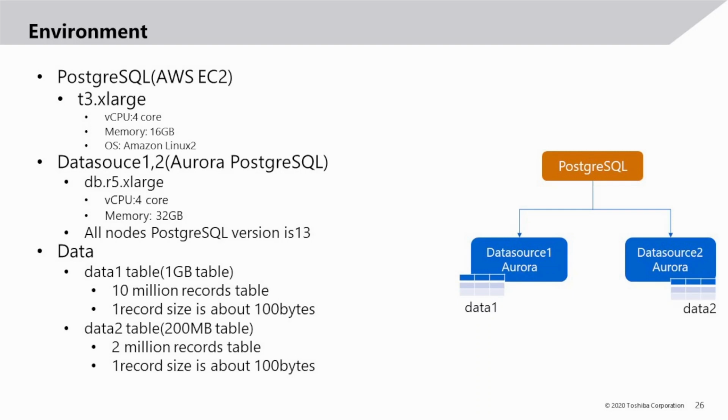I use AWS. One data table is 1 gigabyte and the other is 200 megabytes. The 1 gigabyte table is 10 million records, and one record size is about 100 bytes. The other table is 2 million records, and one record size is about 100 bytes.